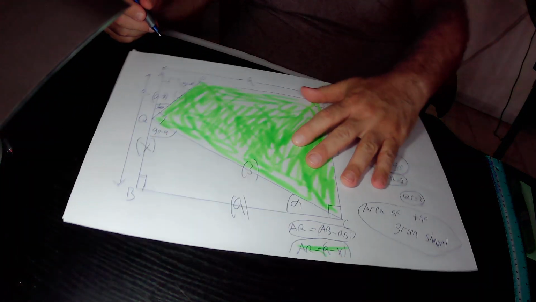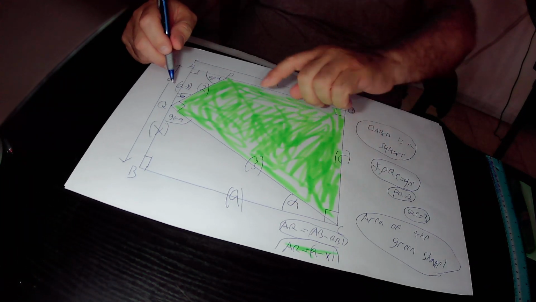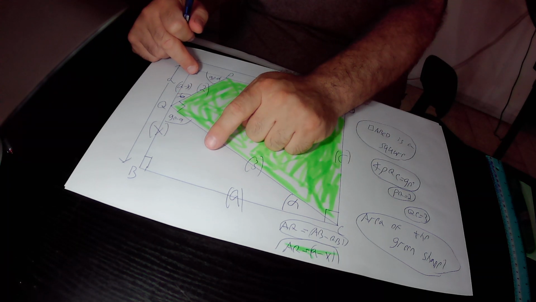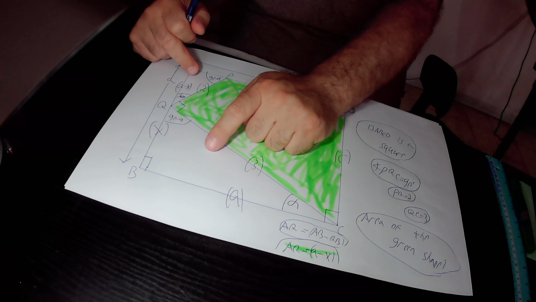So in the next step, I'll copy this right triangle APQ and this right triangle QBC into a new page, and we prove that those two right triangles are similar to each other according to the angle similarity rule.